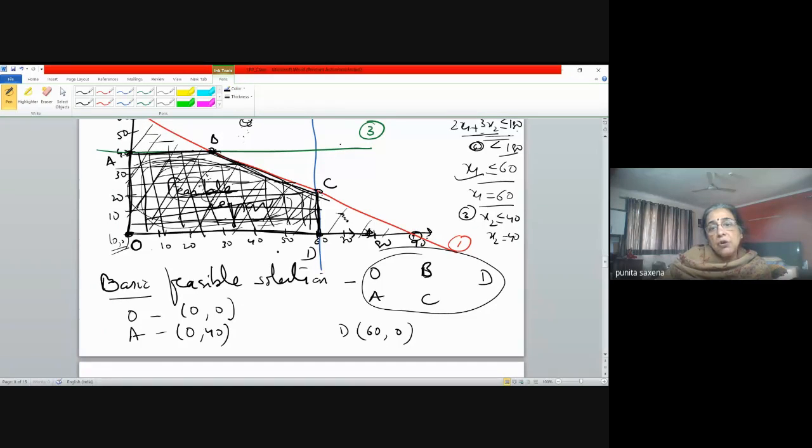The intersection of 1 and 3. Right? Similarly, C is the intersection of 1 and 2. So we can find the coordinates of B, we can find the coordinates of C. So once we have all these points, we can evaluate Z at these points. And whatever value gives us the maximum value of Z, that becomes my optimal basic feasible solution. Is this clear?